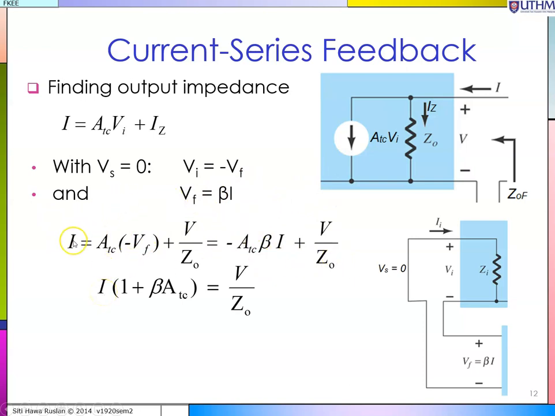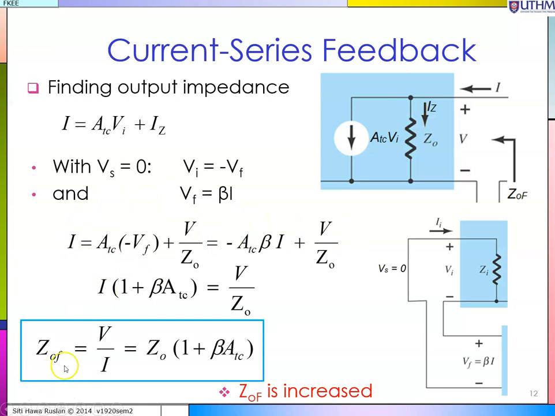Before that, you bring over to this side, and your output impedance will be V divided by I. So with this, what you get is the output impedance is also increased by a factor of 1 plus beta ATC, meaning that with a negative feedback for the transconductance amplifier, the output impedance will be further improved to have a very large value. The ideal is infinity.